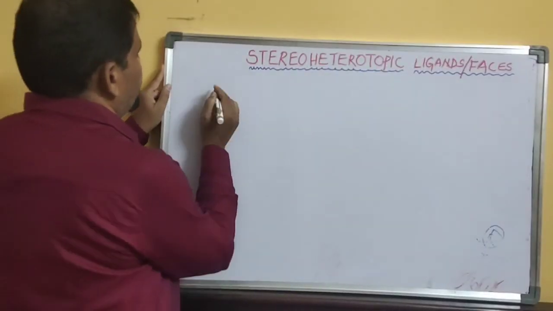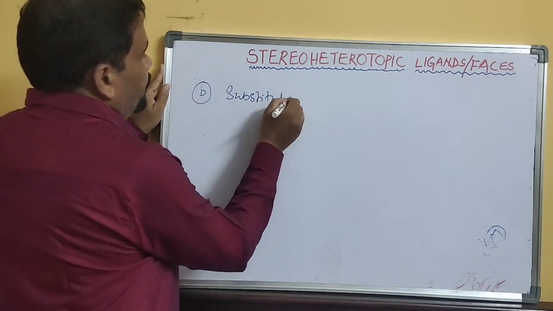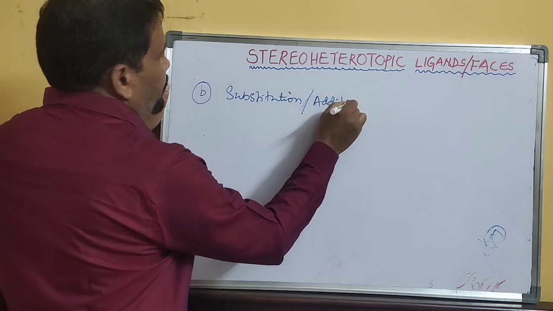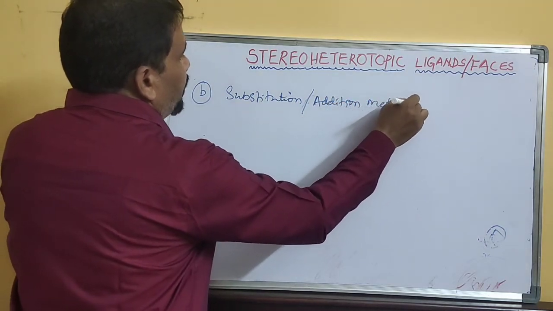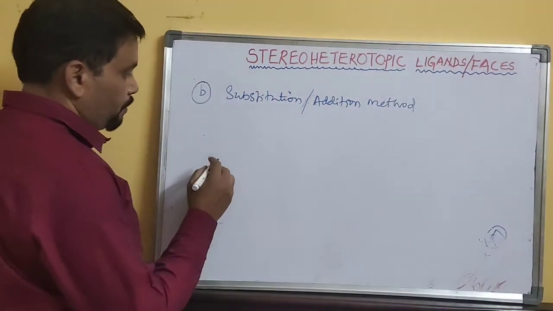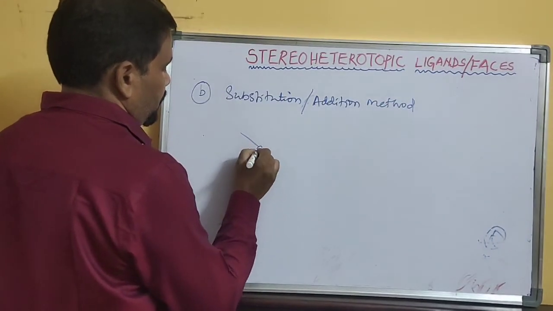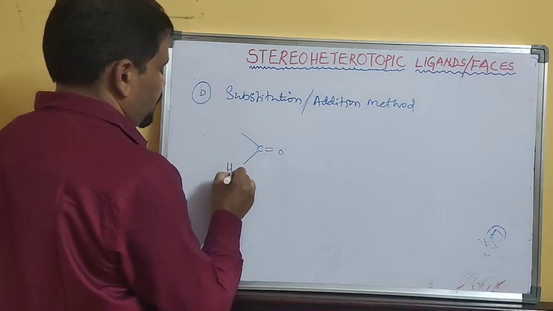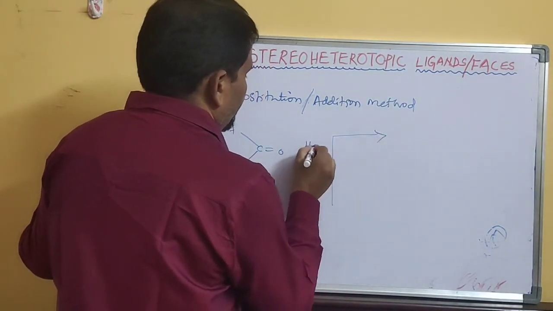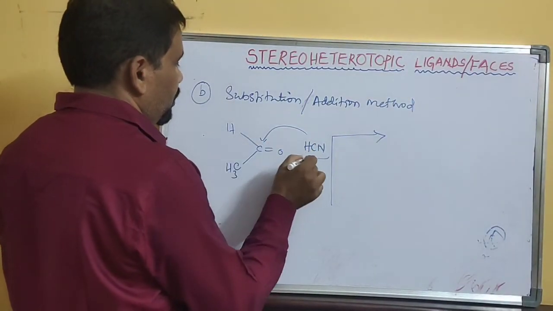The other method, the substitution or addition method, to find out whether they are enantiotopic faces or homotopic faces. Suppose CH3 and H. If you react this molecule with hydrogen cyanide, it can come from this side or from this side.